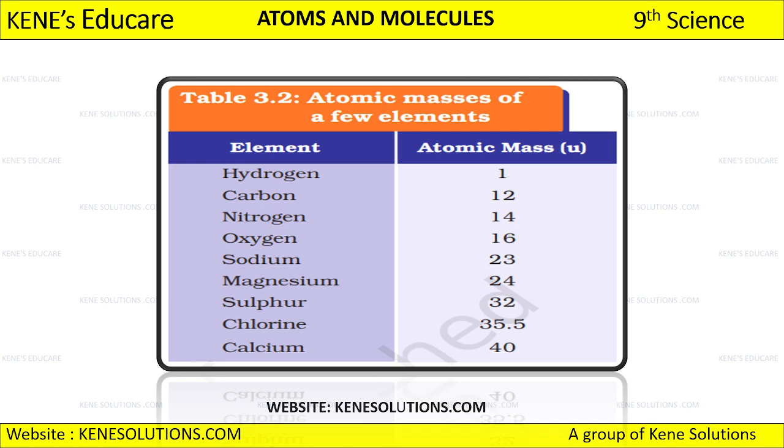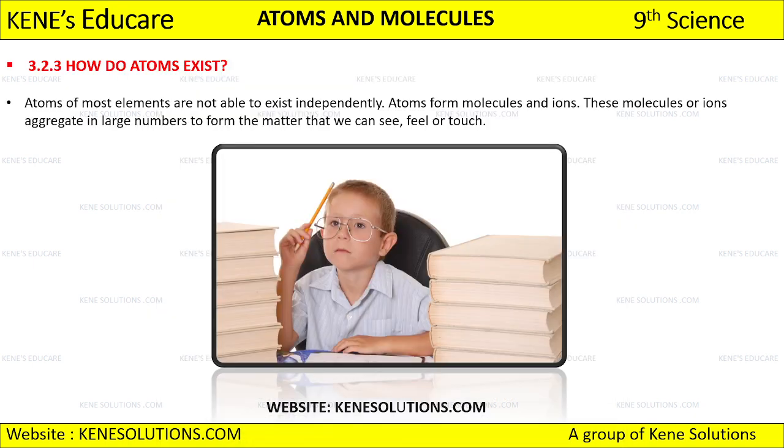After the atomic masses of a few elements, we discussed how exactly atoms exist, right? We studied that atoms are not able to exist independently. They always form molecules and ions, and when these molecules and ions aggregate in large numbers, they form the matter that we can see, feel, and touch around us, right?